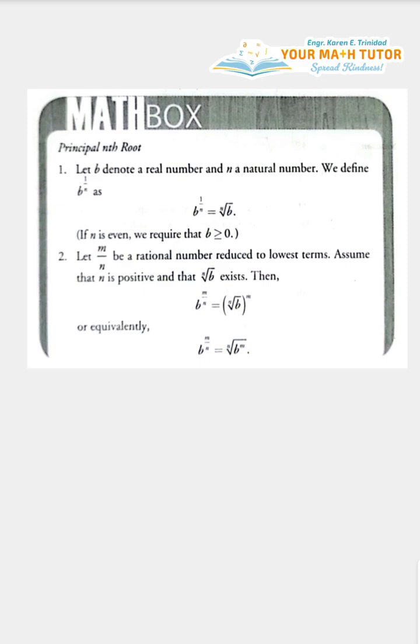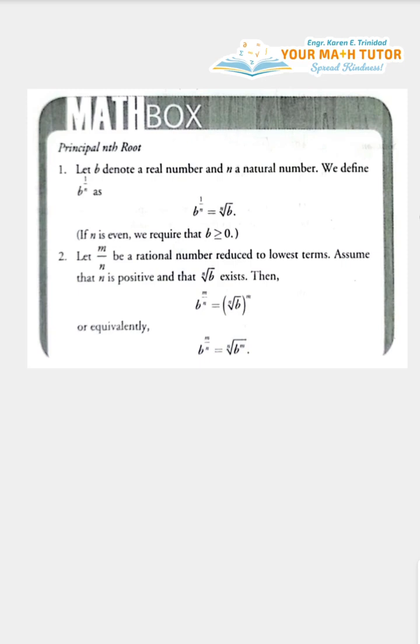In summary, the principal nth root: let b denote a real number and n a natural number. We define b raised to 1 over n as equal to the nth root of b. If n is even, we require that b should be positive, or b should be greater than or equal to 0.